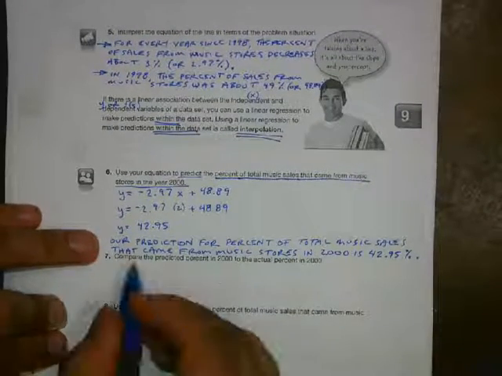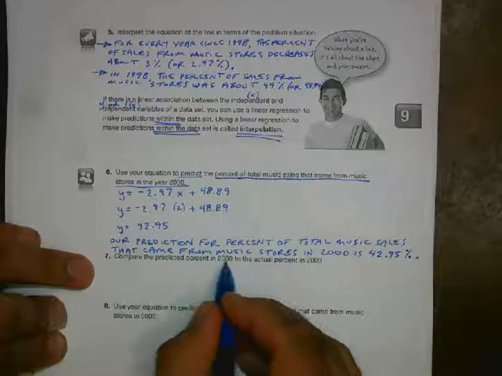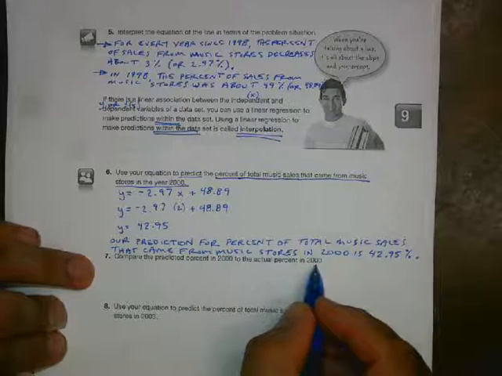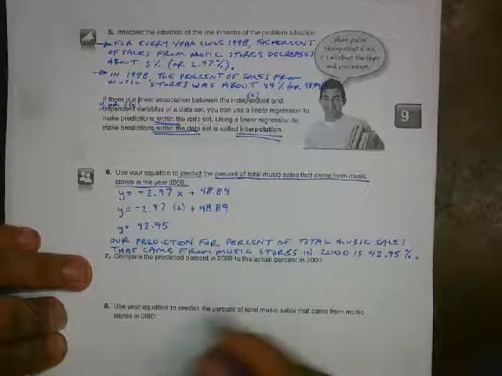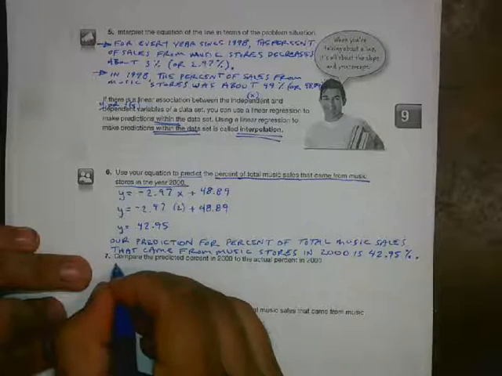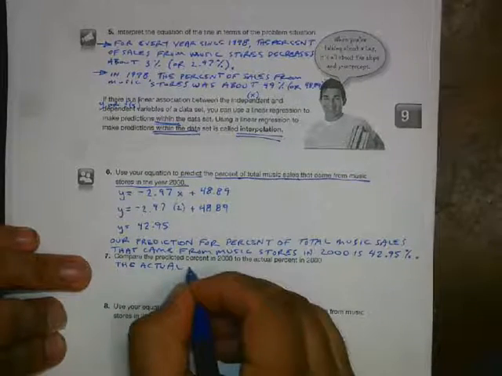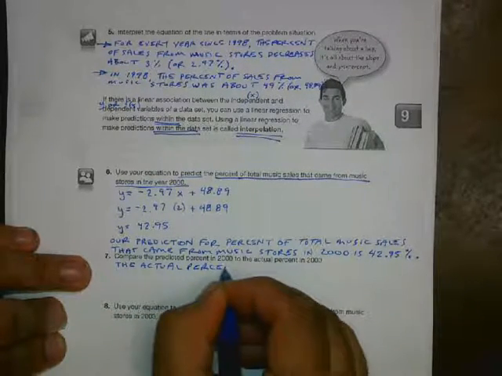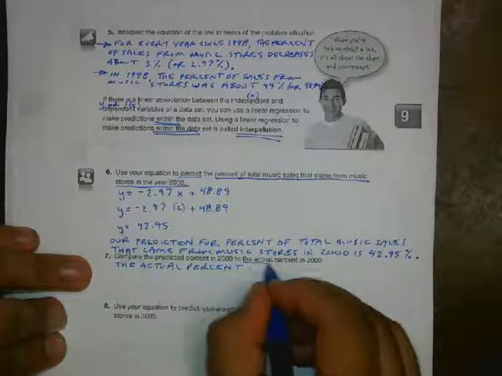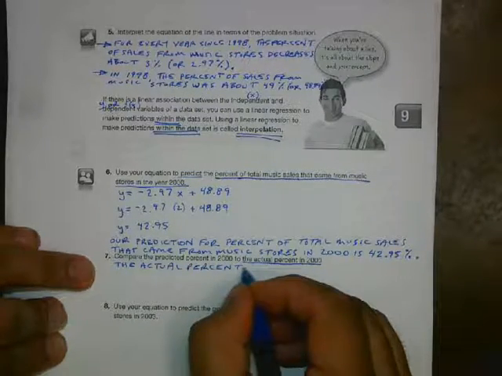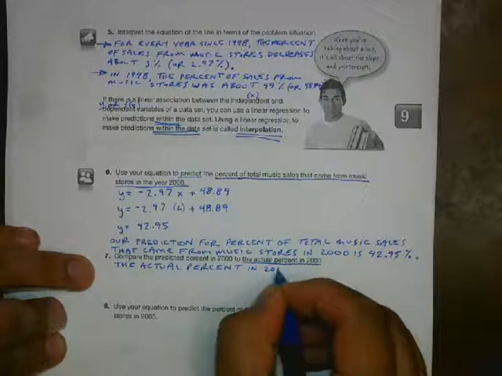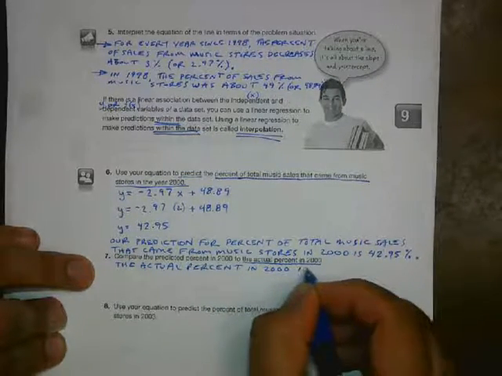And then for the next problem, it says compare the predicted percent in 2000 to the actual percent in 2000. So we could say the actual percent in 2000 is, and if we look back at our page right here in 2000, the actual percent was 42.4%.